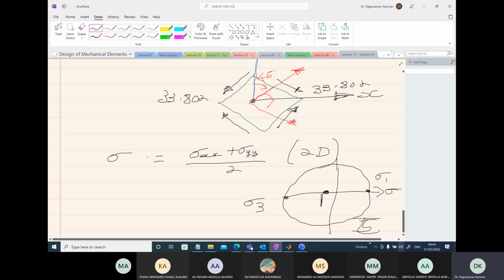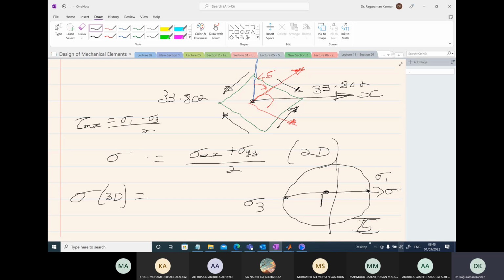So in 3D problems, remember we have written tau max as sigma 1 minus sigma 3 over 2. So here the sigma value corresponding to the maximum shear stress value is given by sigma 1 plus sigma 3 over 2. This is the formula we need to use in 3D problems.